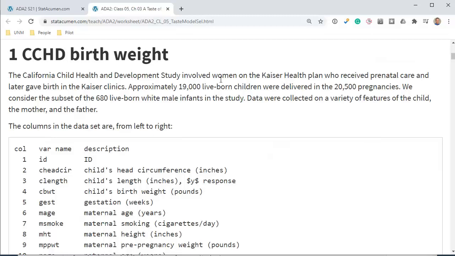The total data set has about 19,000 live-born children out of 20,500 pregnancies, and we're considering a subset of 280 babies who were born. These happen to be white male infants, and I keep looking for another subset of this data, and I apologize that I have not yet done so. This is a data set I inherited long ago. Data were collected on a variety of features of the child, their mother, and their father.